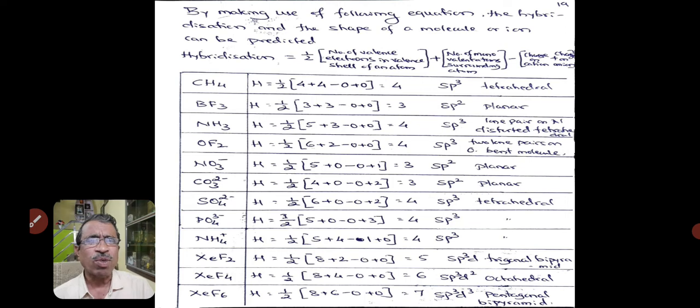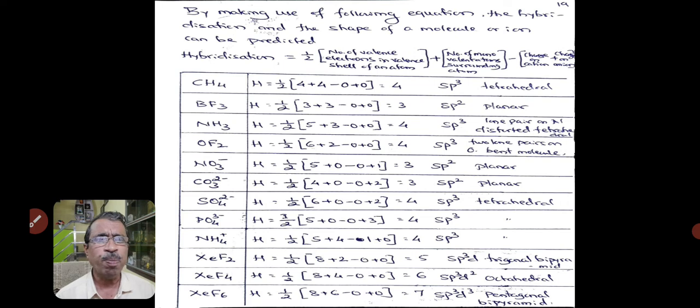Let us take an ion, the nitrate ion. In the nitrate ion, the central atom is nitrogen, and half of the number of electrons on nitrogen is 5. There is no attachment of monovalent atoms to the nitrogen because oxygen is divalent.